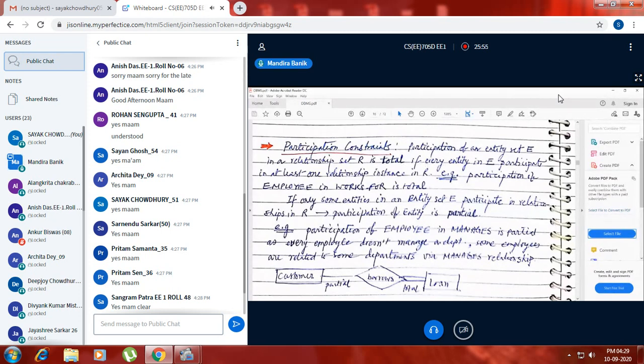Total means every entity in the entity set E participates in at least one relationship instance in R. That means participation of employee in works for is total. Let me read out the definition, then I will explain. If only some of the entities in an entity set E participate in a relationship in R, then the participation of the entity is called partial.